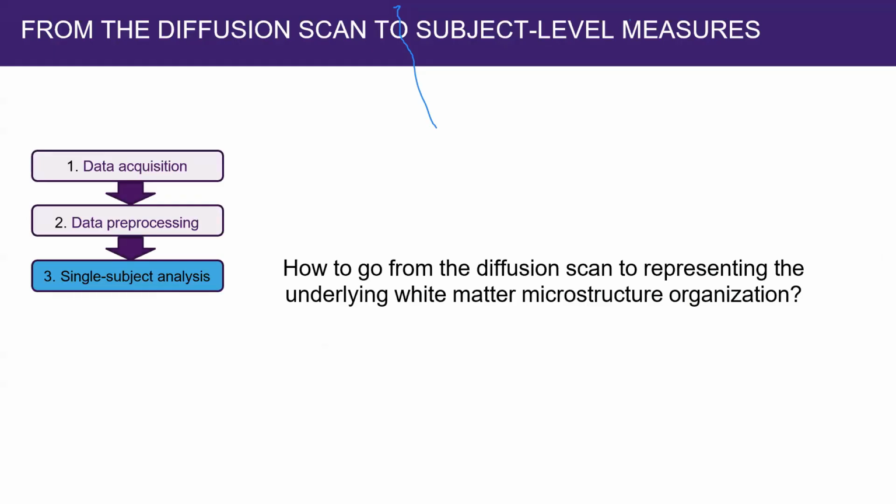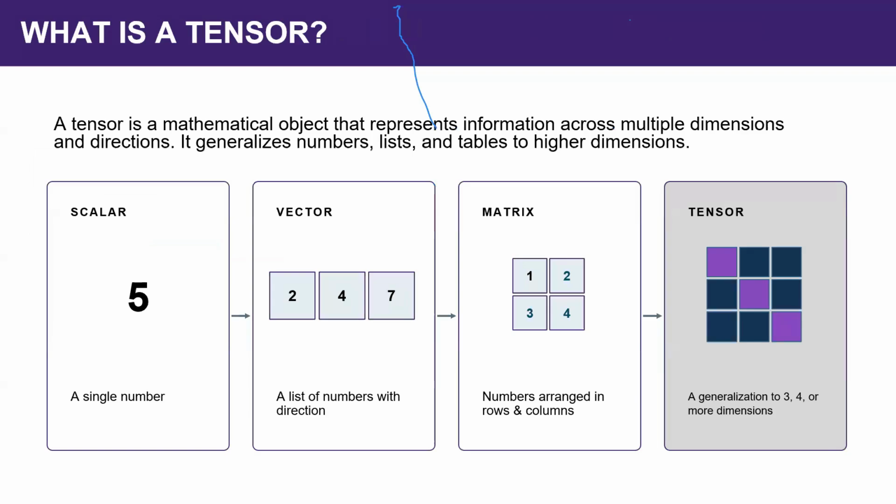How can we evaluate this brain? I was talking in the whole presentation about microstructure. I would like to give a short overview of what a tensor is. When you acquire a diffusion image, you evaluate the gradient in three directions of space, and that's the standard to evaluate the brain.